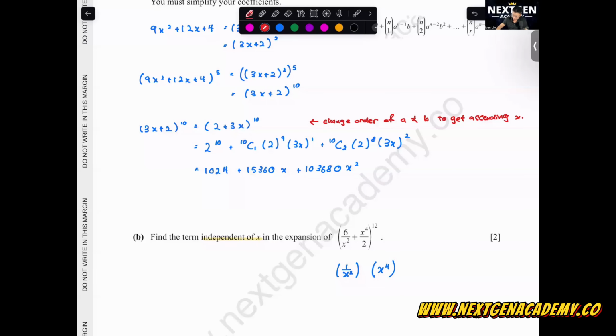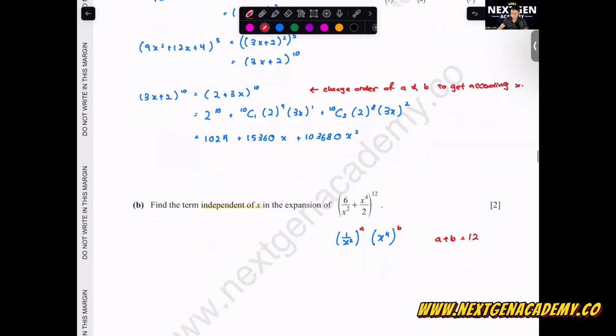We want to find what to put at the powers, a and b. What are the rules for a and b? A plus b, summed together, will be equal to 12. So you can put 12 and 0, 11 and 1, 10 and 2, 9 and 3. That's the rule. So what should we put for both? We only look at the power first, so we can put 8 and 4. a equals 8, b equals 4.